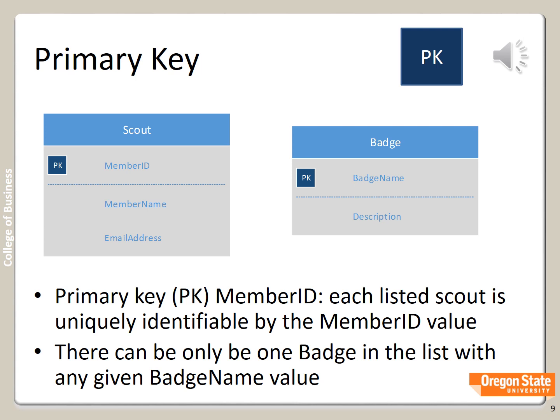For example, the member ID, number 5 for example, is all you need to know to refer to the one and only Scout associated with that value. Secondly, the list for this entity is allowed to include any given primary key value only once. For example, there can be only one badge named hiking because badge name is the primary key, and only one Scout number 12 because member ID is the primary key.